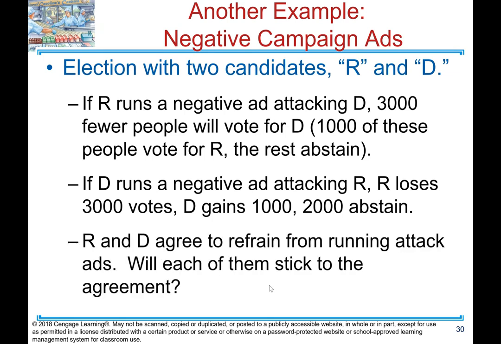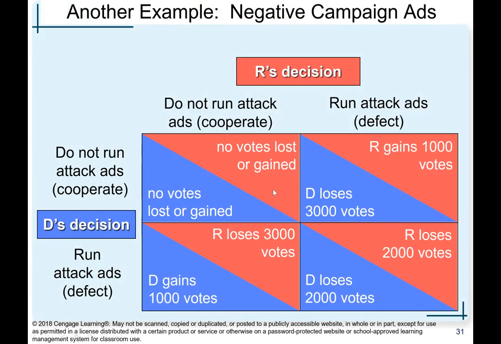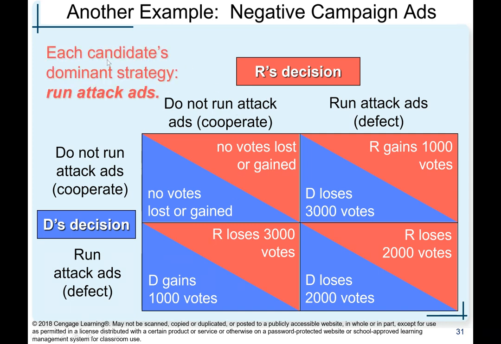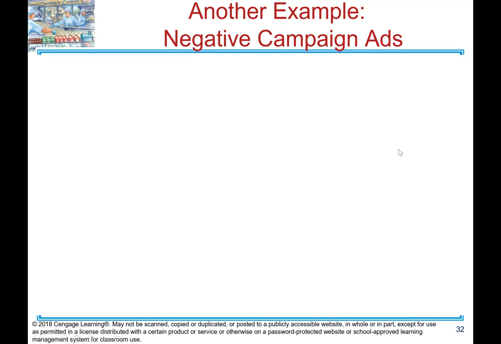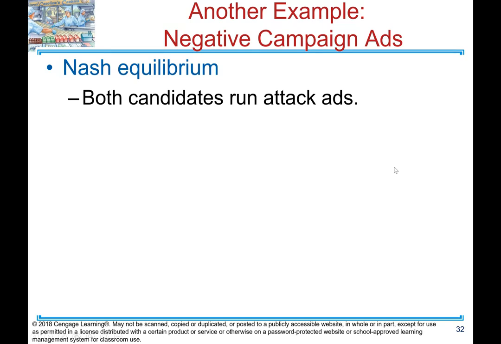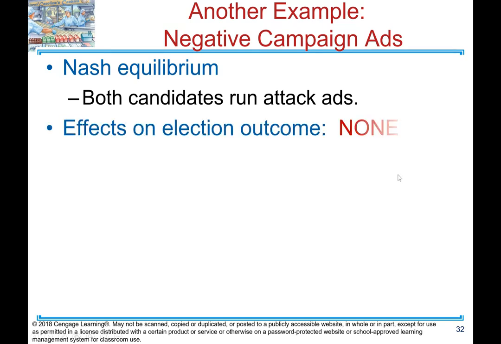R and D agreed to refrain from running attack ads. Will each of them stick to the agreement? This would be their matrix. What's the dominant strategy? Each candidate's dominant strategy is to run the attack. They will choose to run the attack. Negative campaign ads are another example of the Nash equilibrium: both candidates run attack ads.